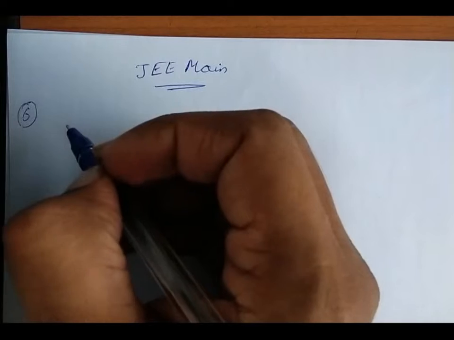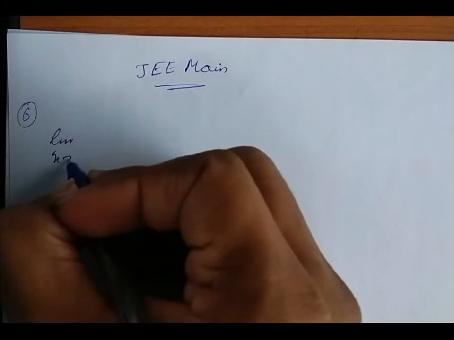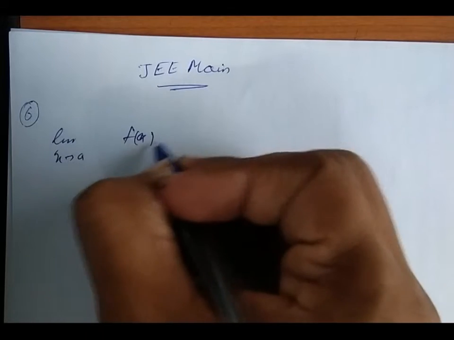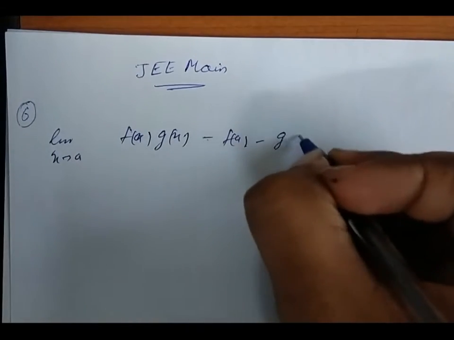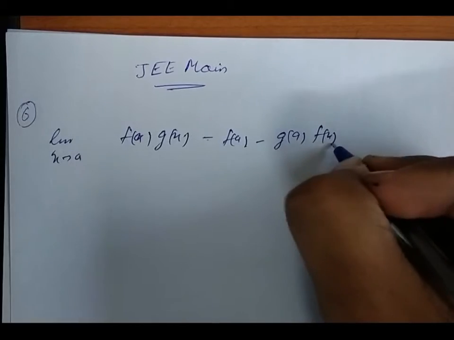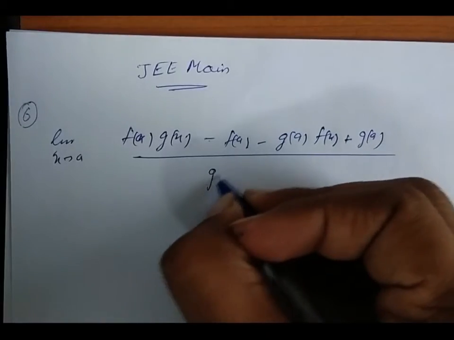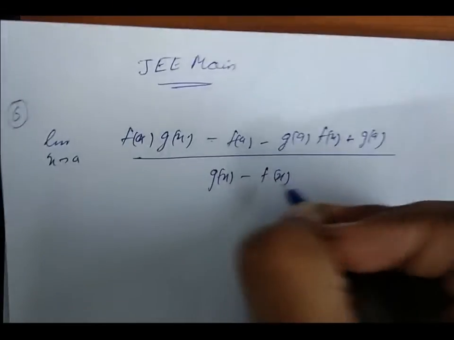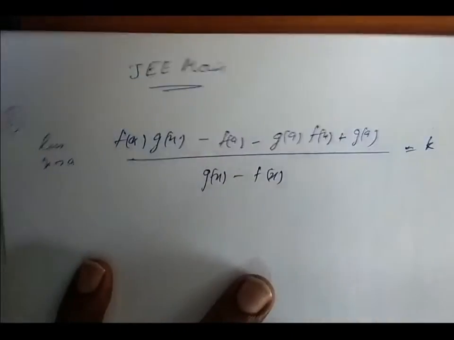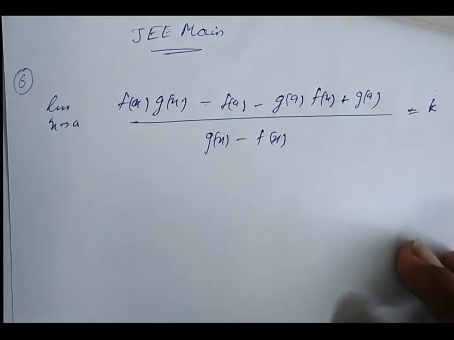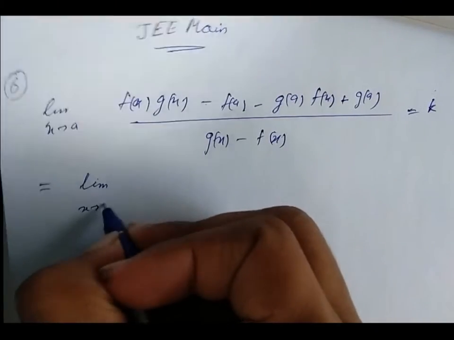So question number 6 is limit x tends to a of (f(a)g(x) minus f(a) minus g(a)f(x) plus g(a)) upon (g(x) minus f(x)) is equal to k. So this is 0 by 0 form when x tends to a, so apply L'Hopital.